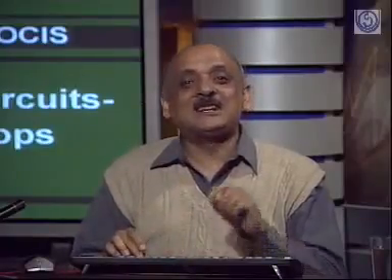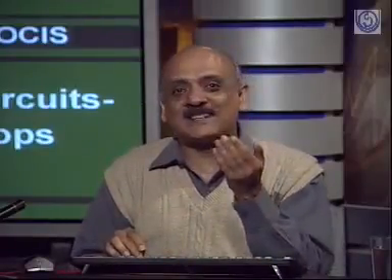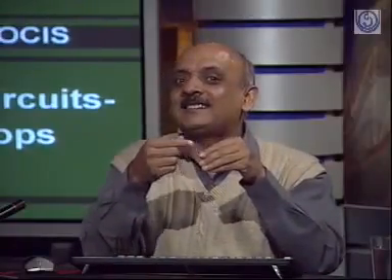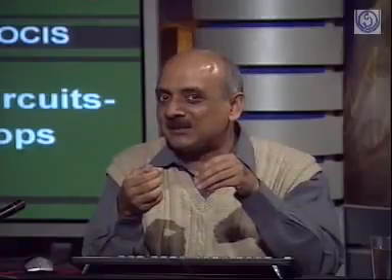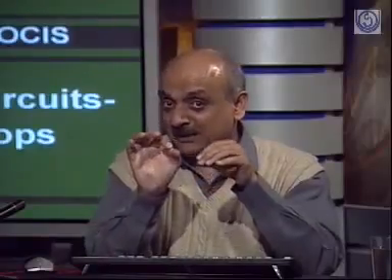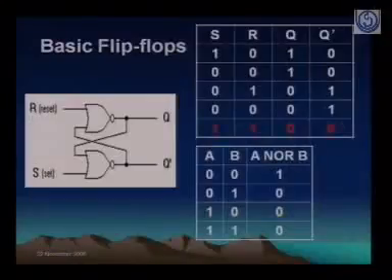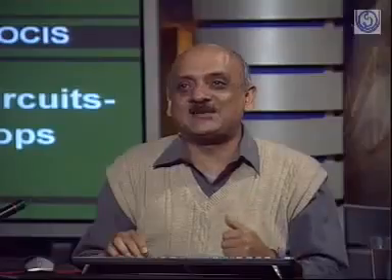Just modify the circuit slightly and it becomes a flip-flop. So a flip-flop is a sequential circuit, yet it is made up of combinational circuits with feedback loops, right? So it is a very interesting situation.